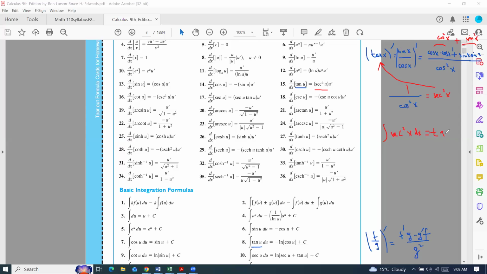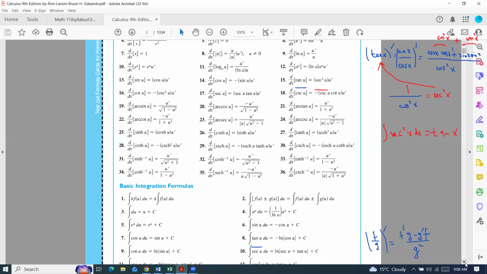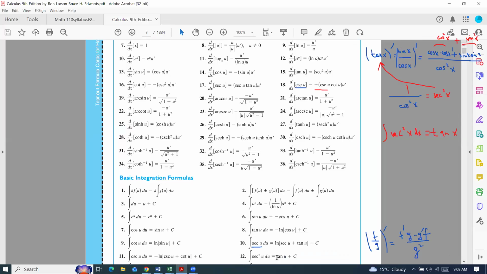And that will be the formula that appears here in the, where is the secant squared? Secant squared is a little bit lower. So I need to scroll a little bit down. You can see secant squared is exactly tangent. But they use the letter u or x. It doesn't really matter what your variable letter is, right? So that's something good to notice.